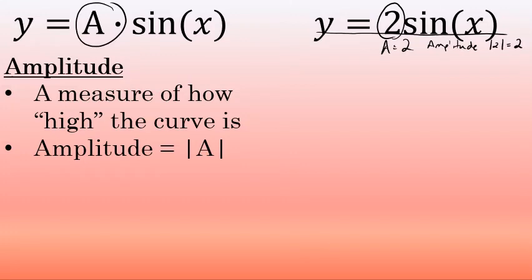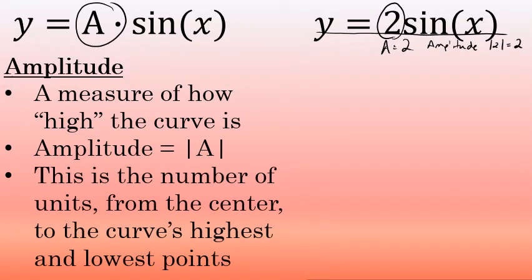And what this means is that 2 is the number of units from the vertical center of the graph that the curve will go to its highest point and to its lowest point.